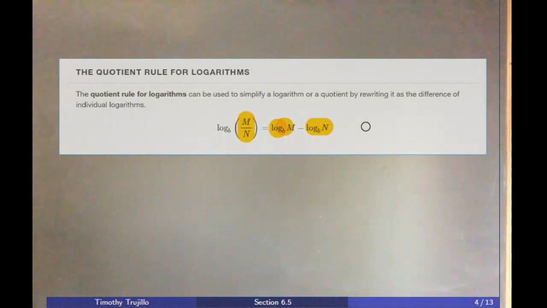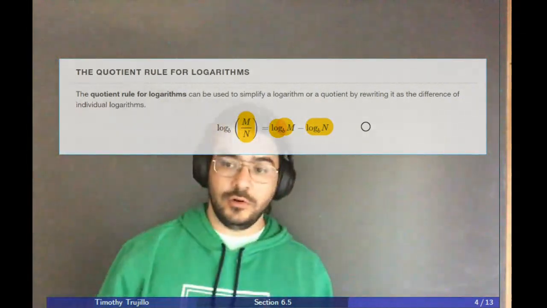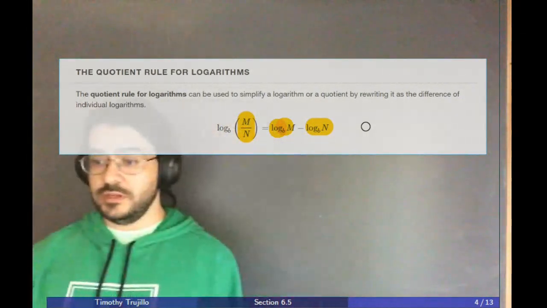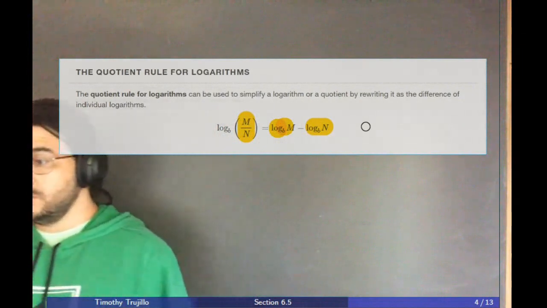As you're writing this out, I want you to notice something about all of these formulas. On the right-hand side you'll see two logarithms, and on the left-hand side you'll see a single one. When I talked about the learning objective of expanding or condensing a log expression, this is what's meant.